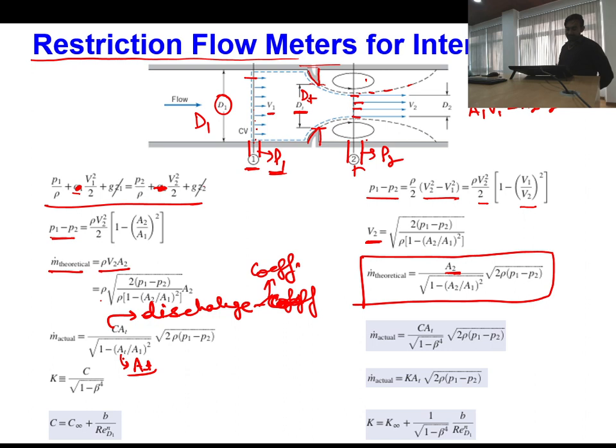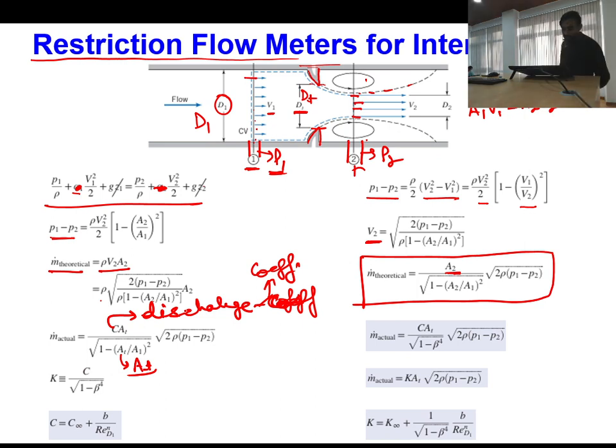So I have replaced A2 with AT and multiplied by a discharge coefficient, which gives a correction factor for modification of the area as well as for taking the losses into account. Now this discharge coefficient we must calculate experimentally or using semi-empirical techniques. Once we know the discharge coefficient for this type of restriction, I can easily calculate the flow rate.